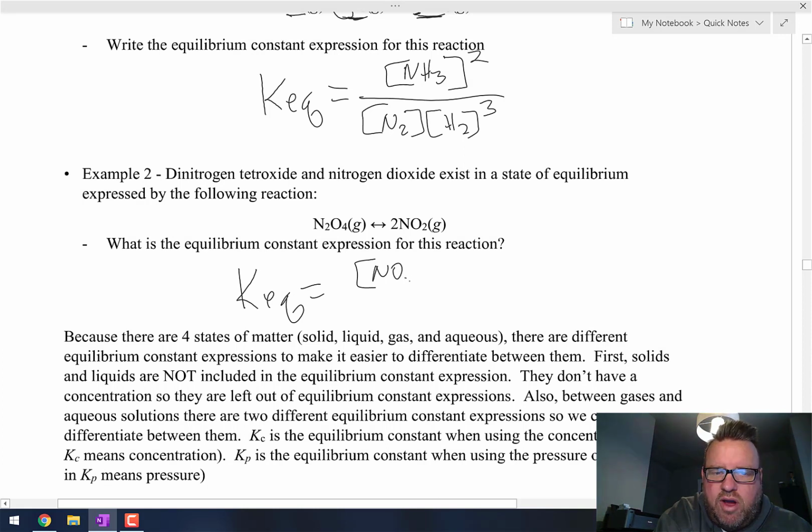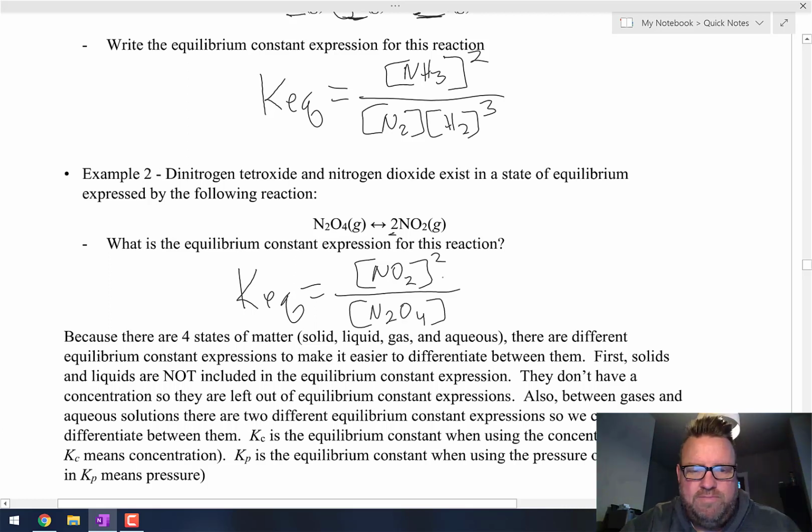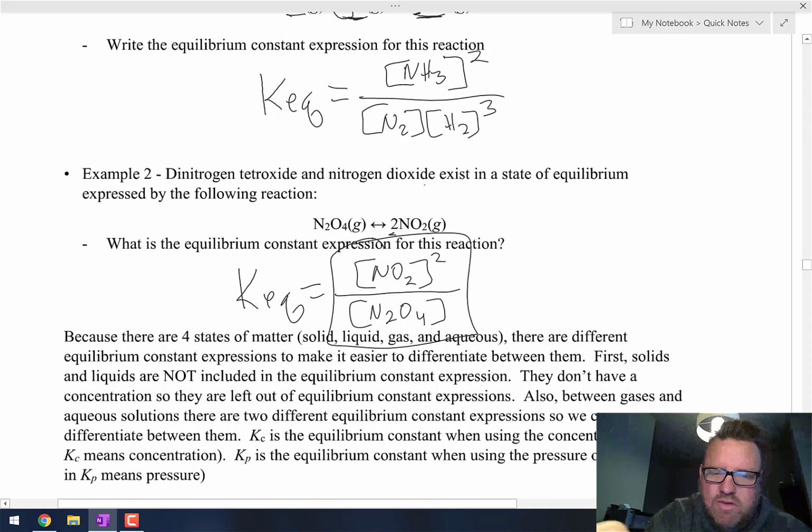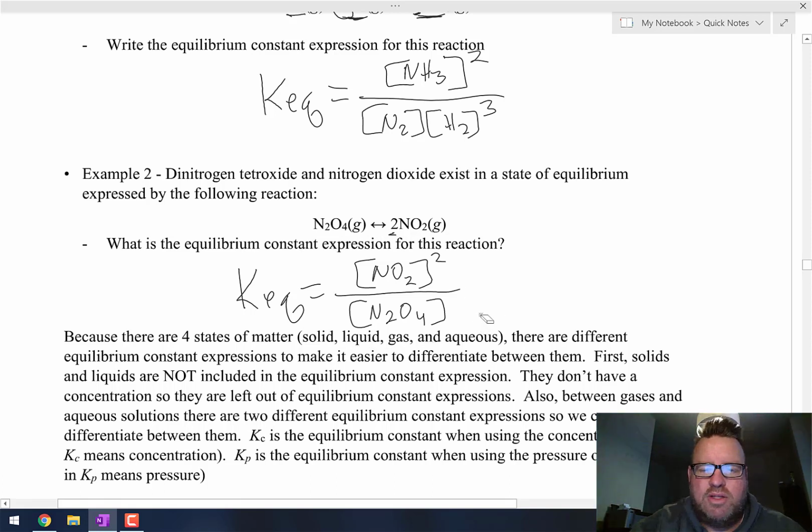The only product is NO2, and there's 2 of them, so that's squared over the concentration of N2O4. And that's it. That's all you've got to do: products on top, reactants on the bottom. Make sure you set it equal to KEQ though. Don't just put this part. You've got to put that part is equal to the equilibrium constant.